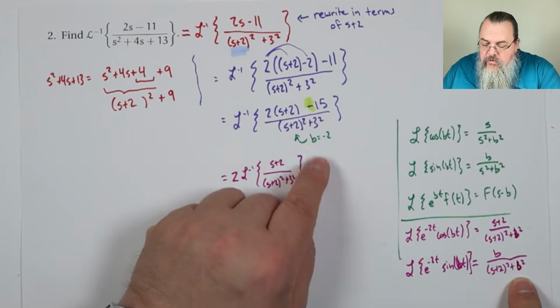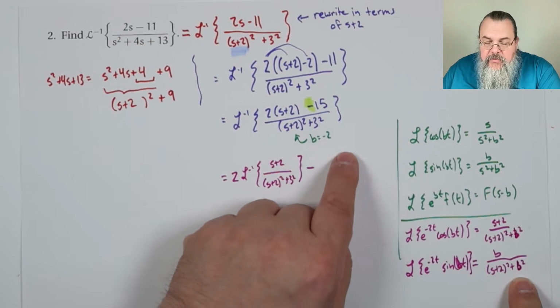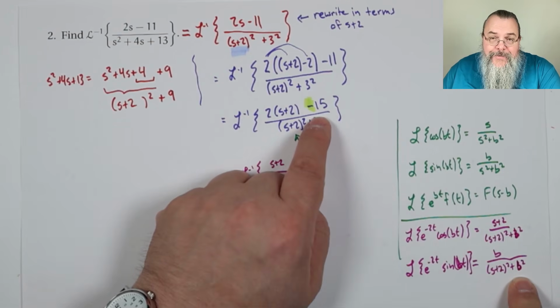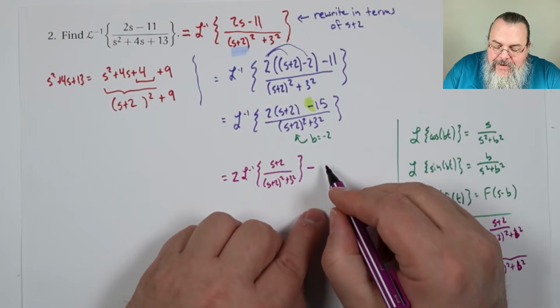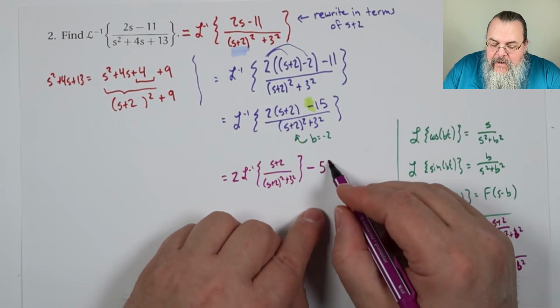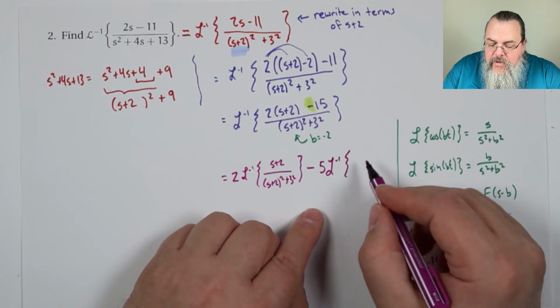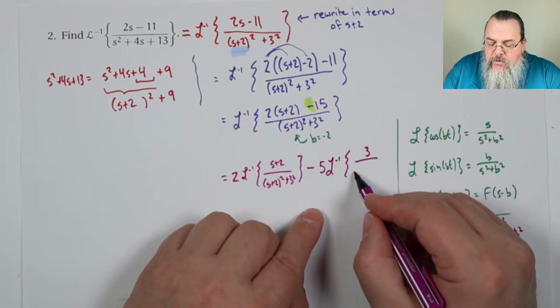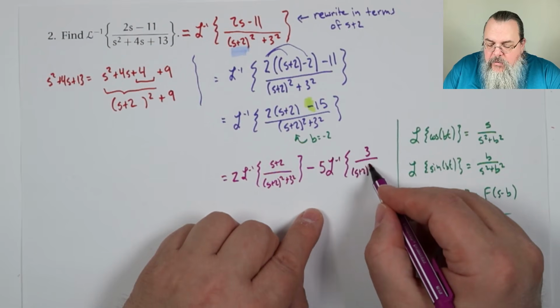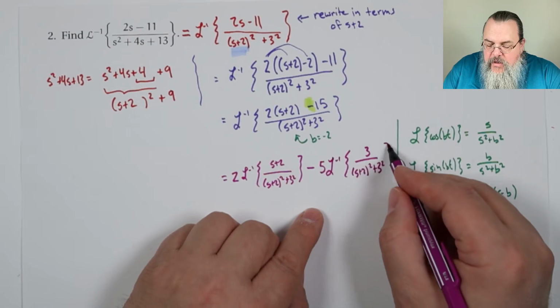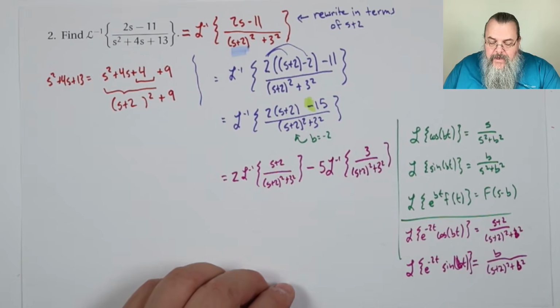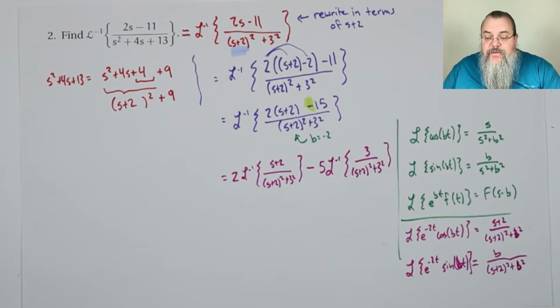B, in this case, is 3. So we really want a 3 upstairs. We had a 15, so we're going to pull out a 5. And what's left is 3 over s plus 2 squared plus 3 squared. And now we're happy because these follow our formula.